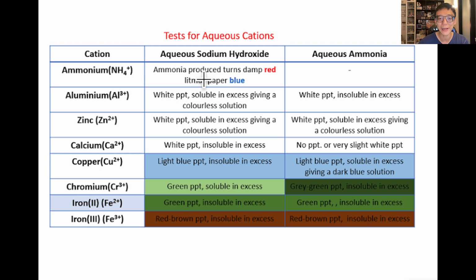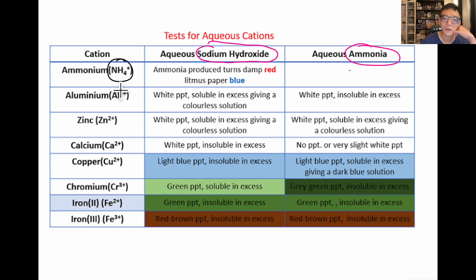If you would like to test for the ammonium cation, NH4 plus, the way to test for cations is that we need to do two things in order to differentiate them. First we add a strong base, which is sodium hydroxide. Second, we add aqueous ammonia. Ammonium would not react with ammonia because they are the same, actually.